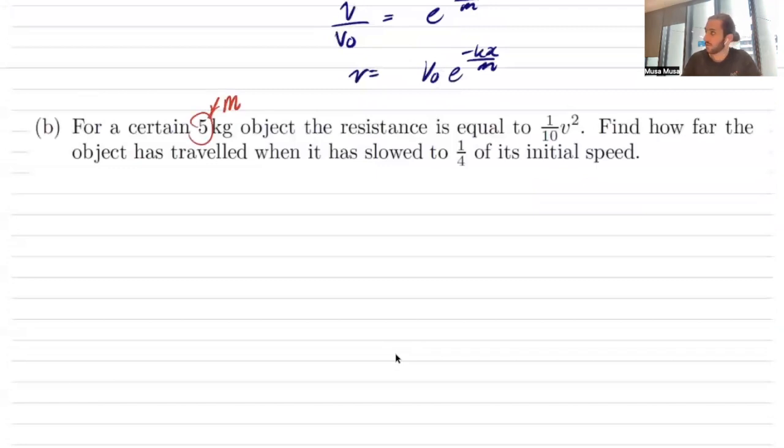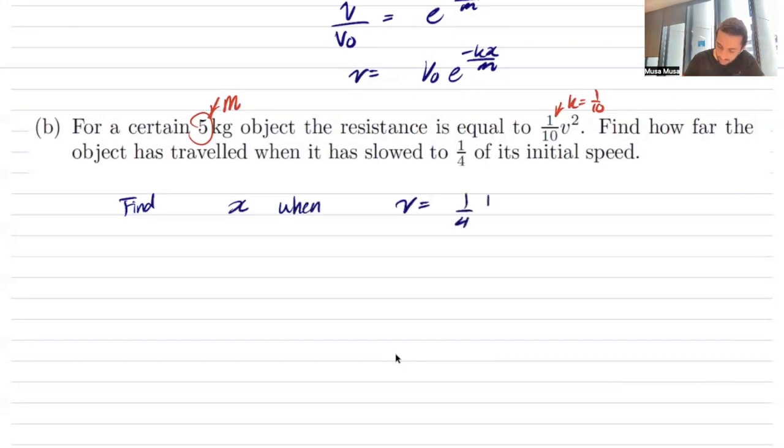If we look at the form for friction, it was in the form kv squared, so this here, k equals 1 on 10. We find x when v equals a quarter of v naught.